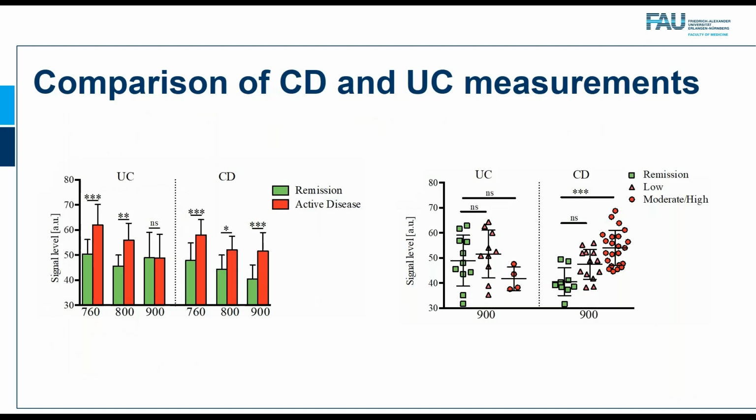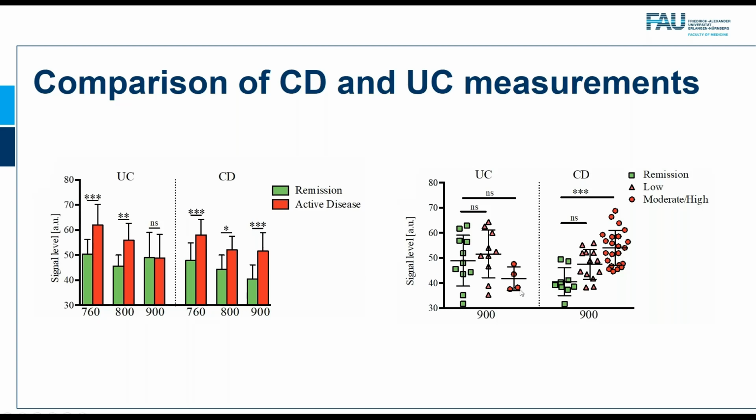So in ulcerative colitis, we see differences or increased values for patients with active disease for single wavelength measurements of 800 and 900 nanometers excitation. And in Crohn's disease, this was also the case for 900 nanometers, which was not the case for ulcerative colitis.